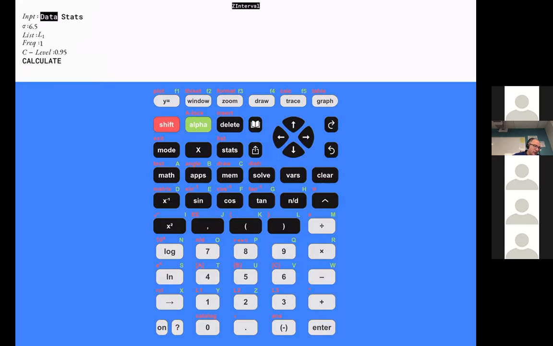Now, this particular one is going to come from stats. If we look here, I have data, which is pointed towards a list; that means we know a standard deviation and we have a list where data is stored. I'm going to go over to stats. On the TI, we're going from stats and arrowing down.